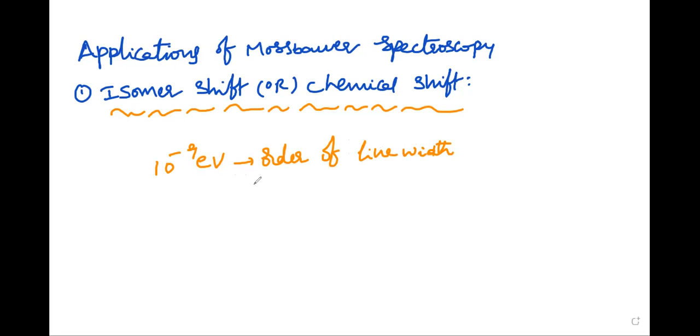So the technique is of great importance in the investigation of molecular structure.